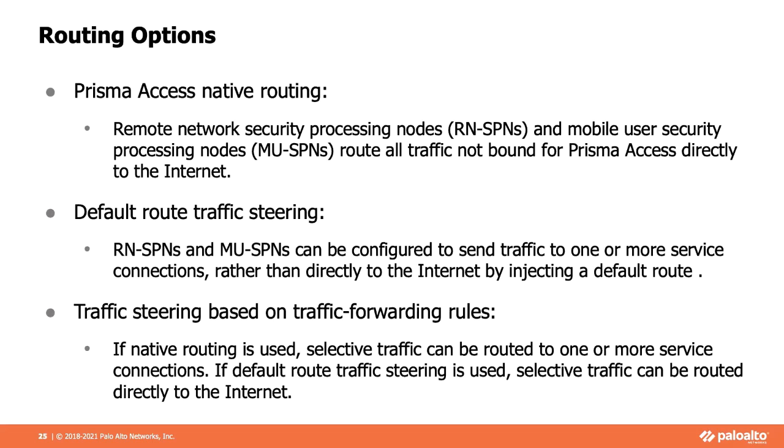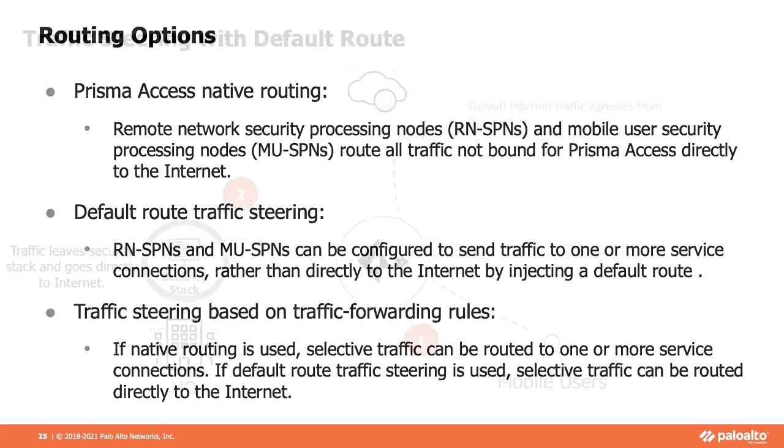Now, if we use a combination of these two things, the default route traffic steering, our native traffic steering, and the traffic forwarding rules have the highest priority, then the default routing, then the native routing.